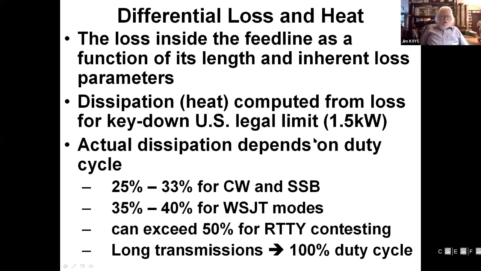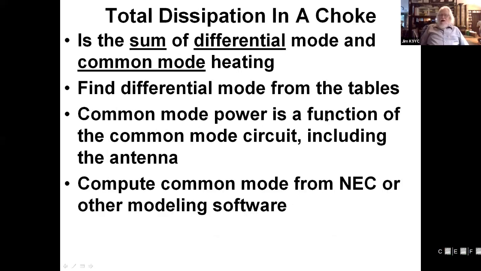And if you do rag chewing and key down, 100% duty cycle. The total dissipation is the sum of the differential mode, what is happening for loss inside the feed line, and the common mode heating due to the loss in RS, the loss in the core of the choke.